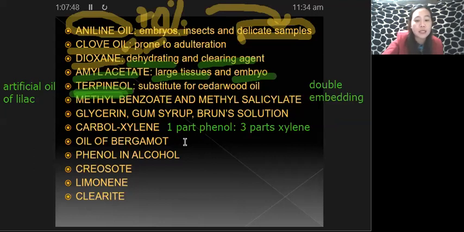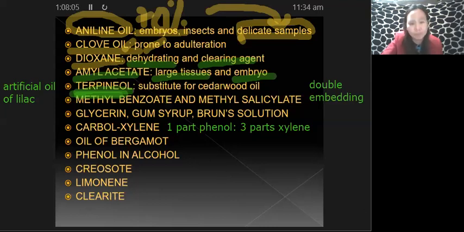I repeat, thick mucinous. Ibig sabihin, marami siyang mucin. So this is an example of a material which is difficult to clear.